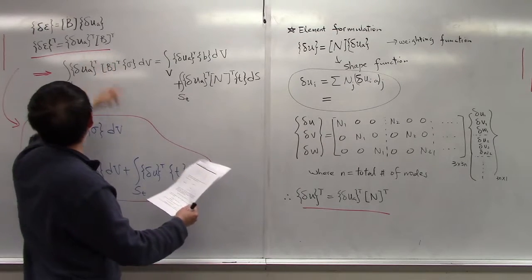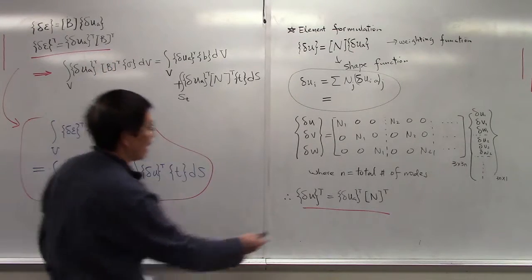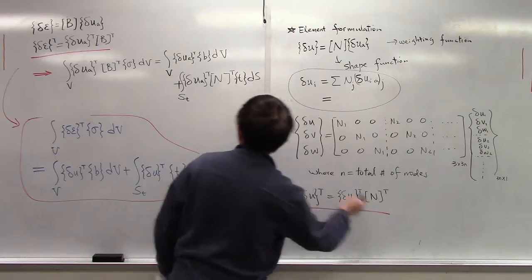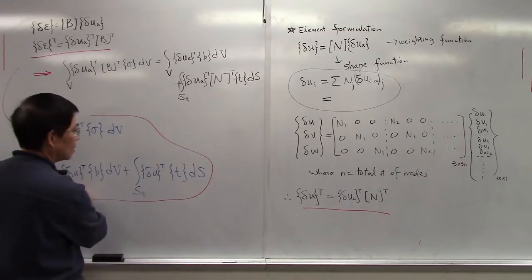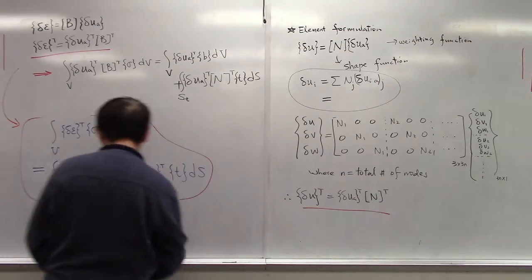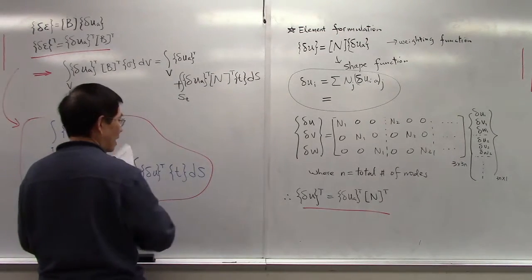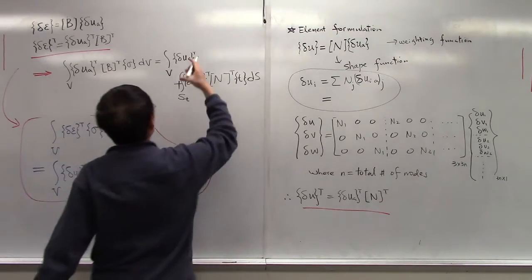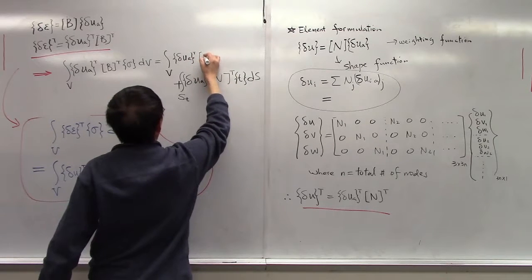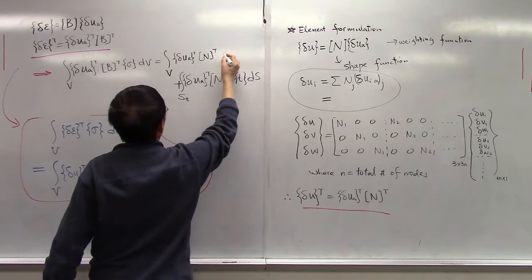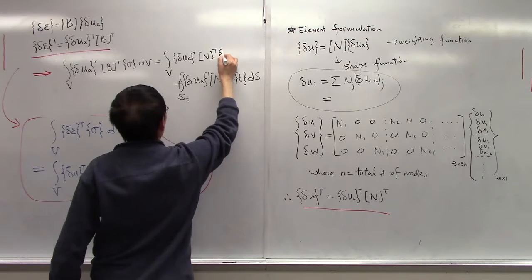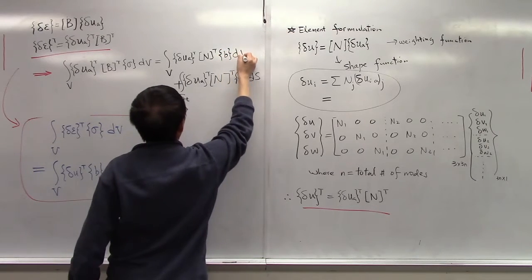Oh, yeah, let me see here. Yeah, I forgot that. Because when I substituted this, I only wrote that one. So I missed an N matrix here. N transpose, actually. Yeah, thank you for pointing that out. And then body force and then dV. Okay?